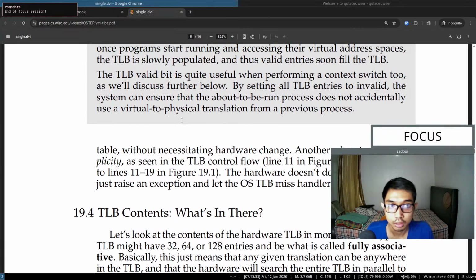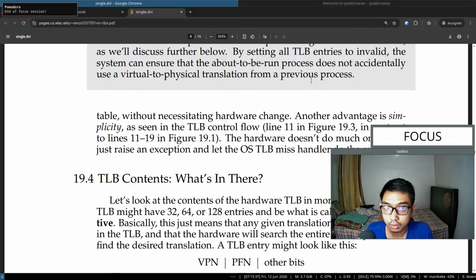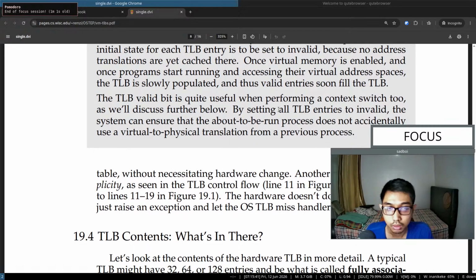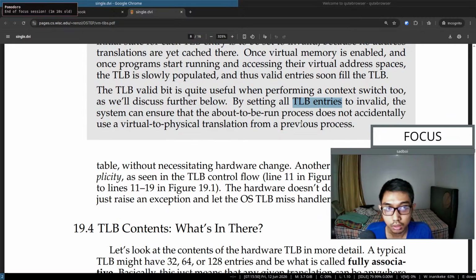Alright. Yeah, that makes me wonder about the lifetime of the TLB entries.